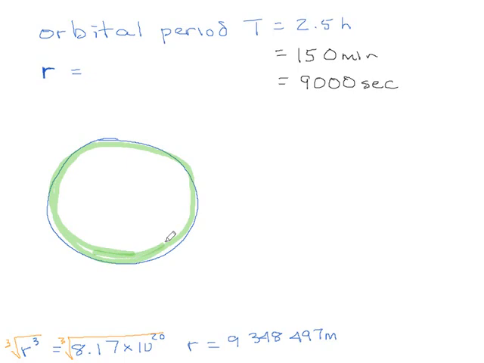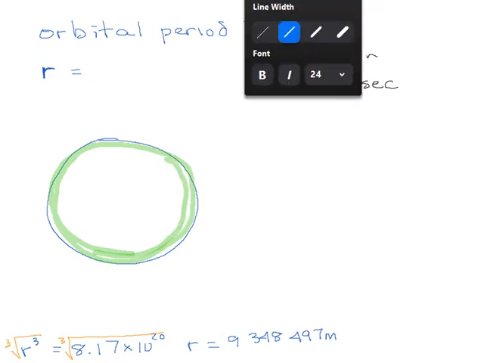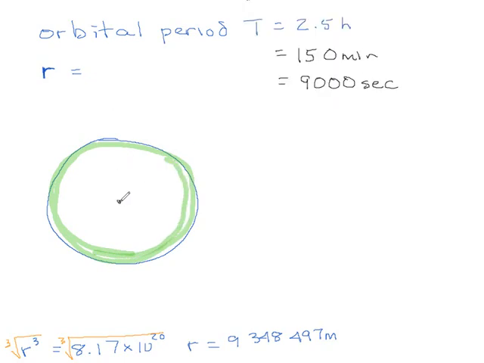When we measure a radius for an orbit or any circular path, it's from the center of the circle, meaning the center of the Earth, up to wherever our object is. We'll do a classic satellite with the panels. So what this number is telling us is that it is 9,348,497 meters from the center of the Earth up to where the satellite is.